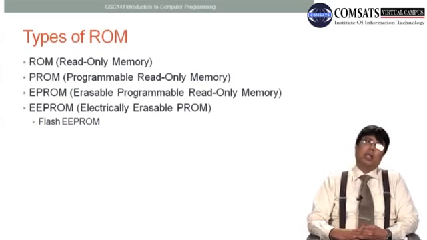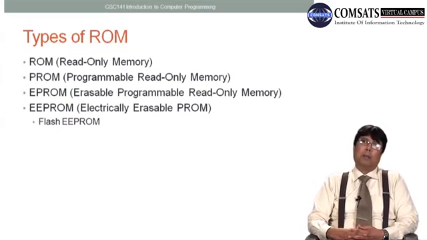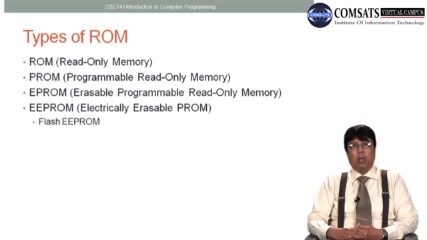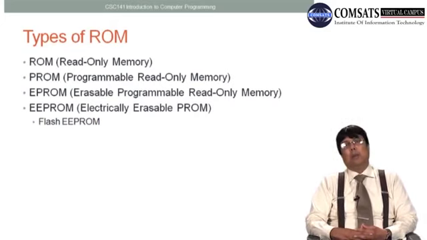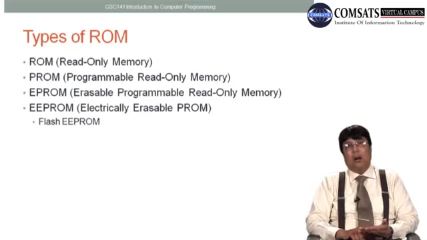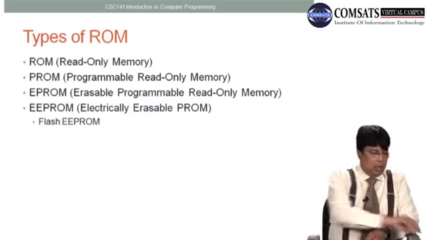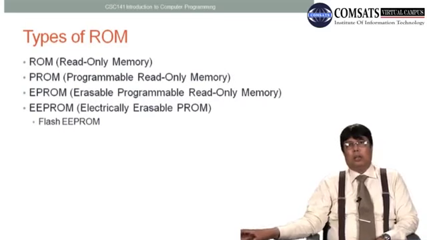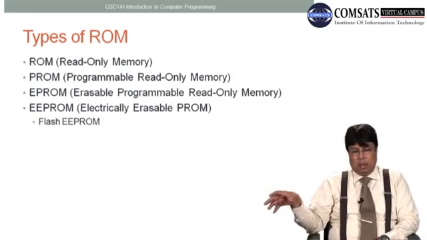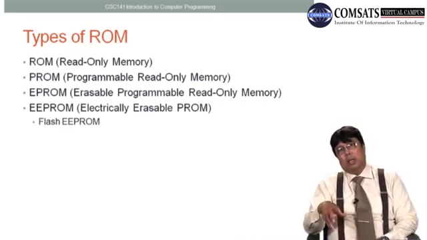But in order to erase the information that you have saved, you require an ultraviolet box, a box having an ultraviolet light in it. You can place the EPROM within the ultraviolet box. It has a window, and you are required to take the chip out, put it into the ultraviolet box, and then erase it, reprogram it, insert it.